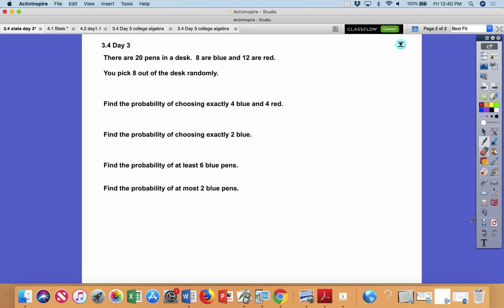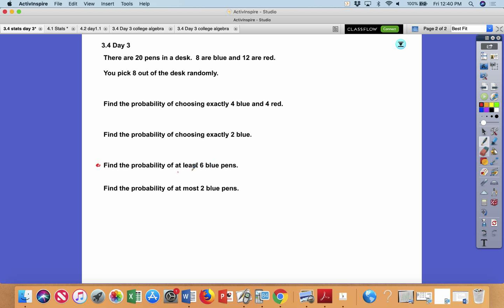All right. How many pens are we picking? 8, right? So there's 6 blue, and we have to have at least 6 blue, so that would mean that I could either have 6 blue, or 7 blue, or 8 blue. Again, 6 blue and 2 red, 7 blue and 1 red, or 8 blue.